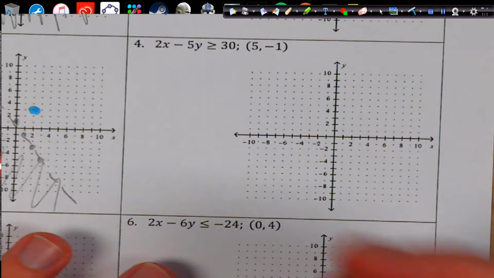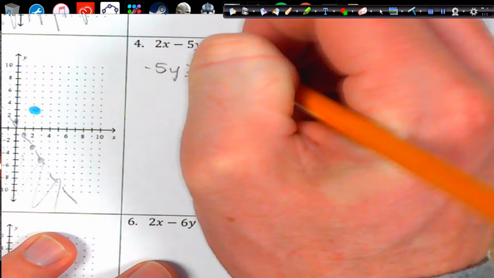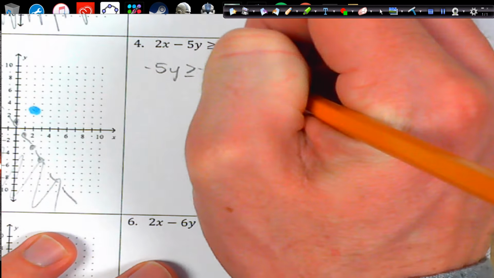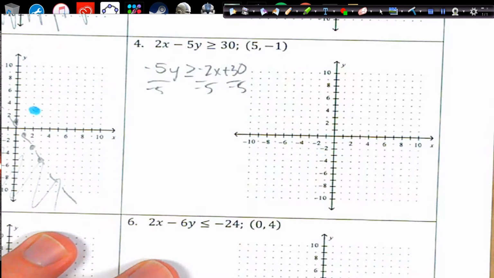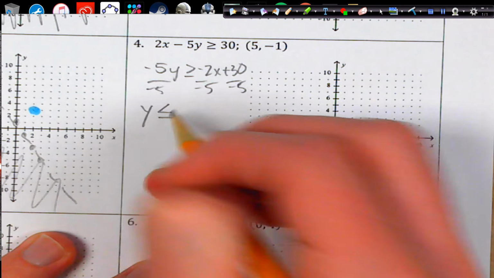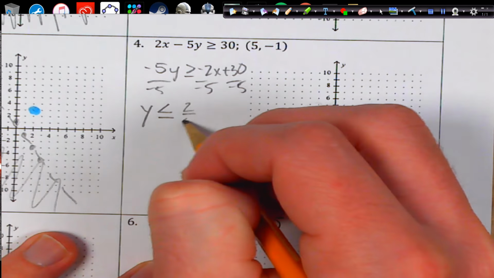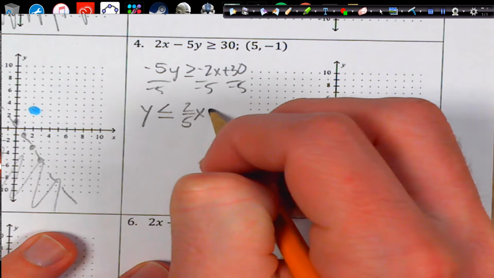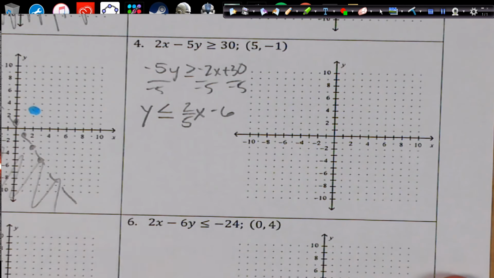Over here, we're going to have to subtract 2x and divide by -5 on every piece. When I do that, the inequality is going to flip. Whenever I multiply or divide by a negative, it flips. That's going to become 2/5 x, and that's going to become -6. So it's very key to remember that the inequality is going to flip.